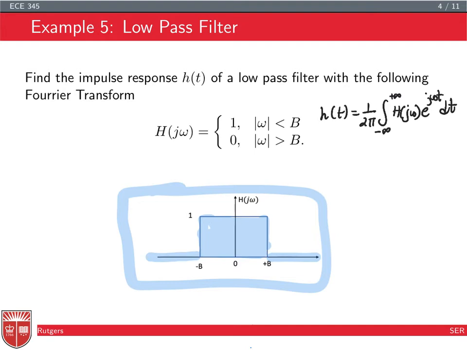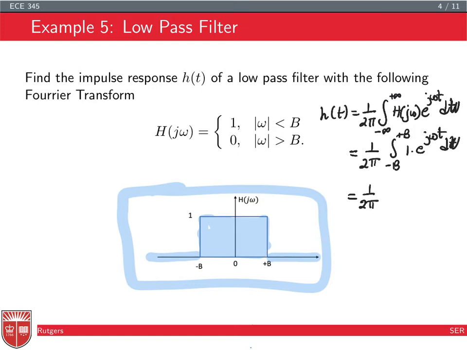But here it's easy because this is equal to 1 over 2 pi times the integral between minus b and plus b of 1 times e to the j omega t, and I made a mistake here: it should be d omega.